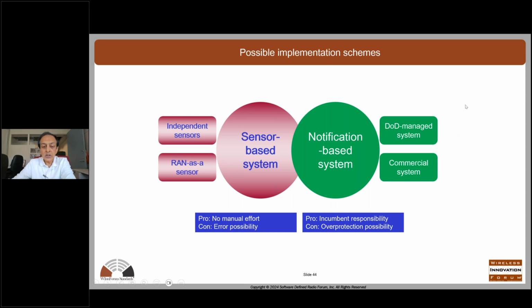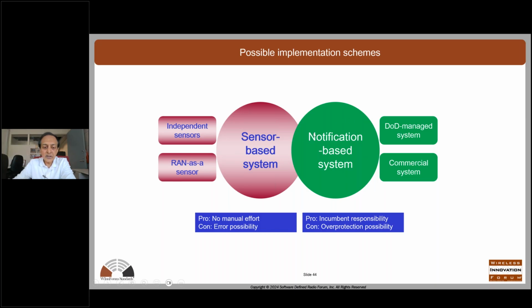Okay, now we're talking about very high level implementation schemes for sensing purposes, or identifying and knowing that the radar is active. There are two main types of systems that we're talking about, and these are not mutually exclusive. They can be used in conjunction with each other. One is a sensor-based system, something like ESC, but hopefully better in many ways. As Andy mentioned before, the ESC has had a lot of constraints or drawbacks.